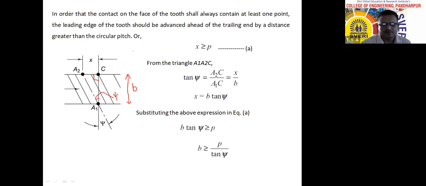Therefore, we know that Mn is equal to M cos psi. P divided by tan psi, where P is nothing but pi into M. So pi into M divided by tan psi, where M is nothing but Mn divided by cos psi. Tan psi means sin psi upon cos psi, so cos psi will get cancelled.